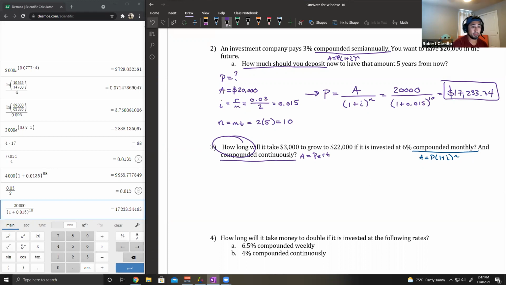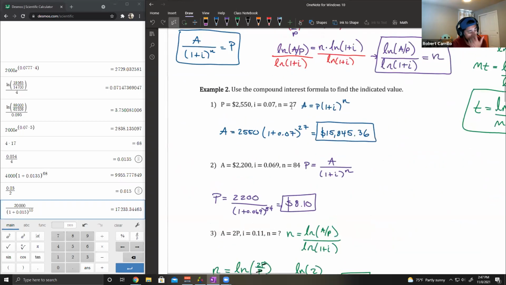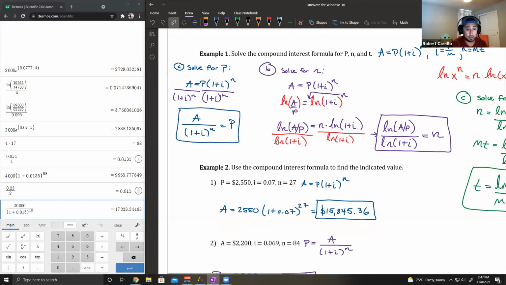So for the first one, we'll call this A. We are looking for time. So time given by compound interest. Ooh, we made that formula all the way up here.